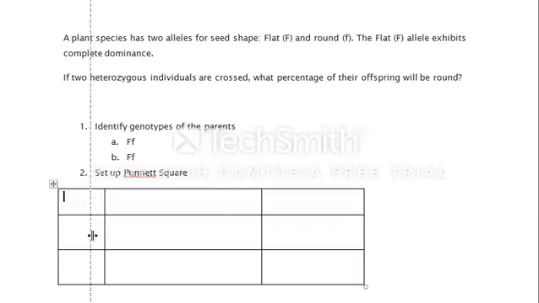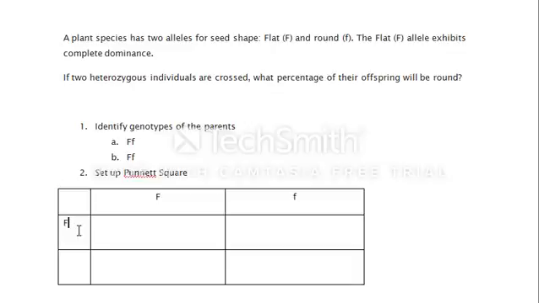So recall that the parent's genotype is split into the individual alleles. So the first one, capital F, lowercase f, we're going to split them up, put the capital F up here, and then put the lowercase f over here. So that's one parent. And then the other parent comes down the left side and again splits up the alleles. Capital F here, lowercase f here.